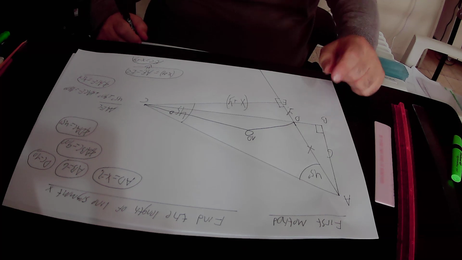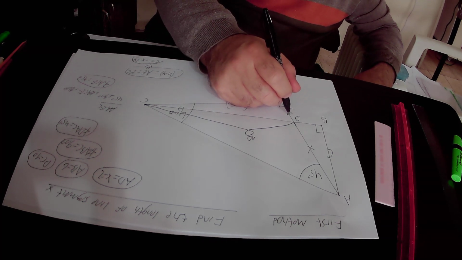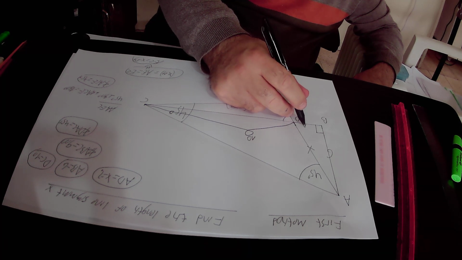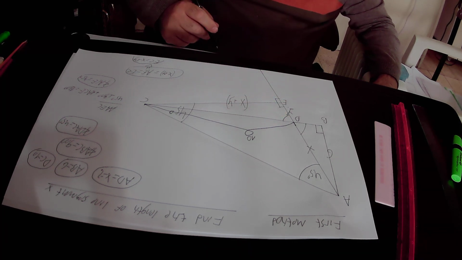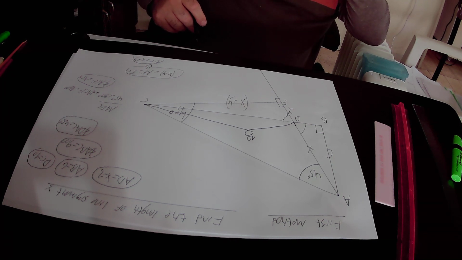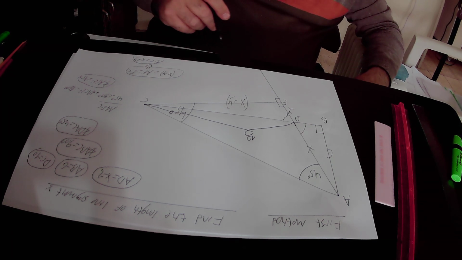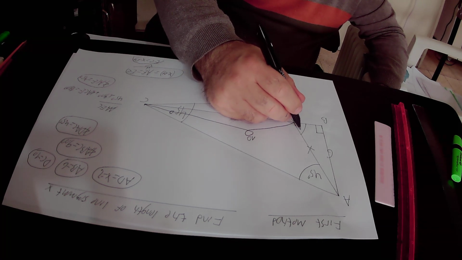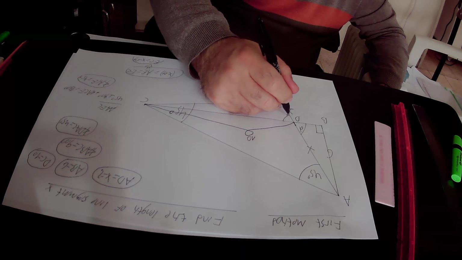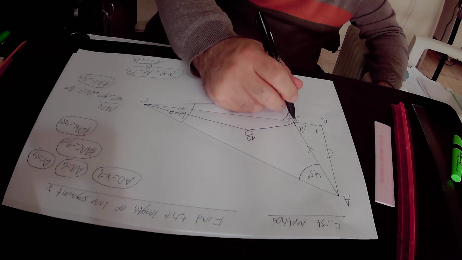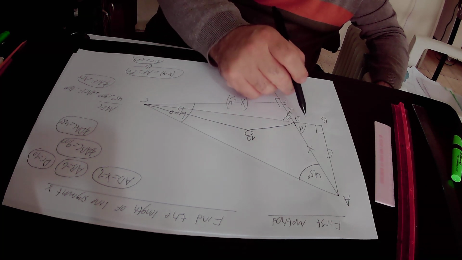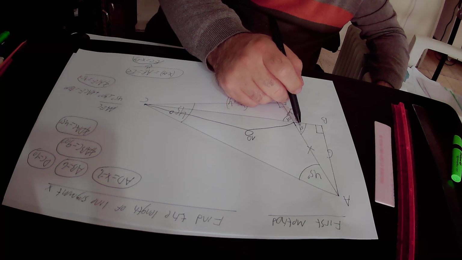And also, those two angles are defined as vertical angles, and we know that vertical angles are equal to each other. So if we define this angle as alpha, then this angle must also be equal to alpha, because those two angles are equal to each other. And in the right triangle ABD, this angle equals alpha.